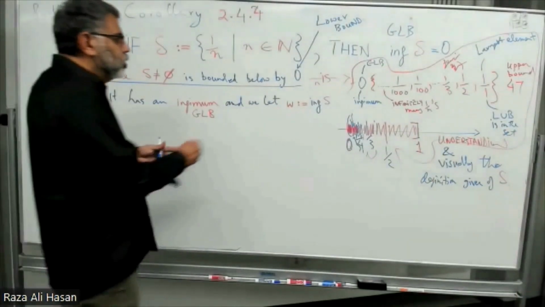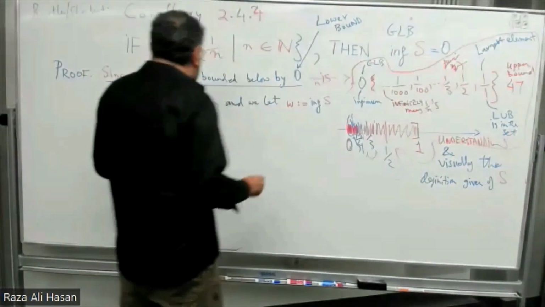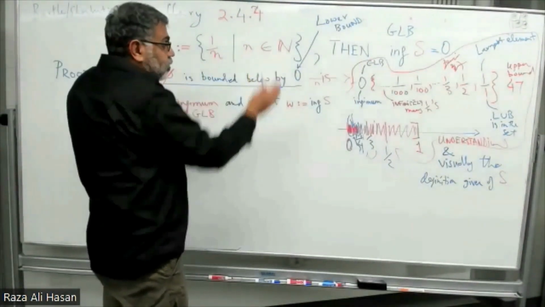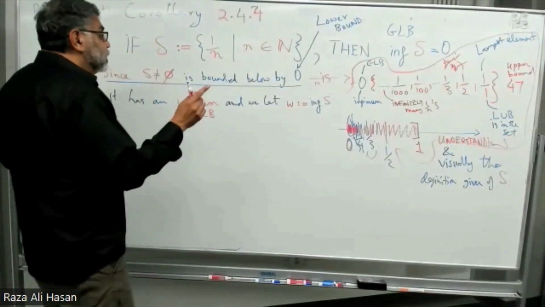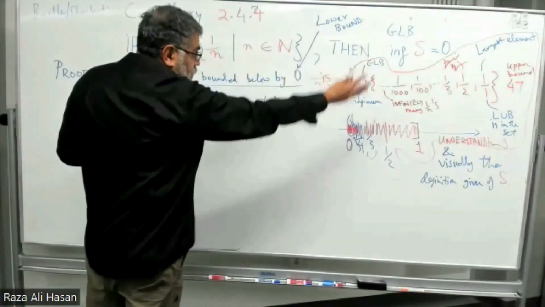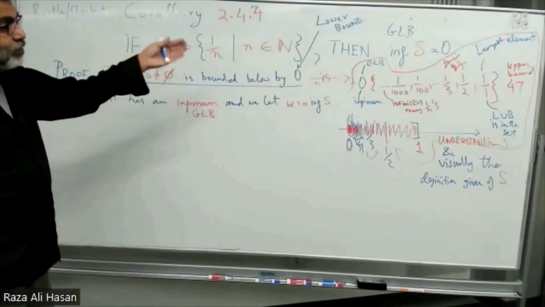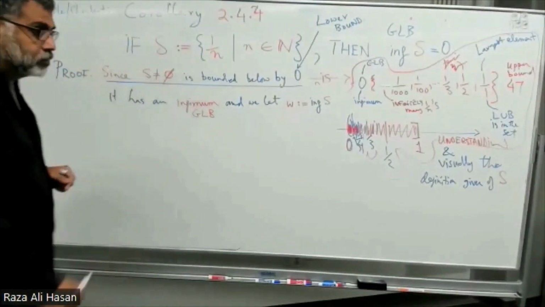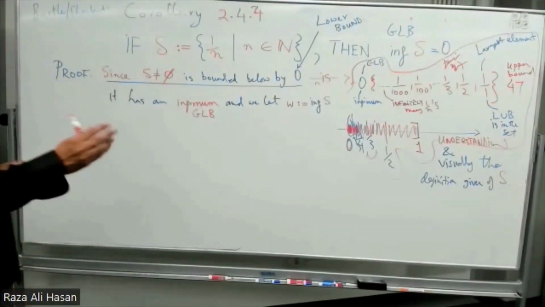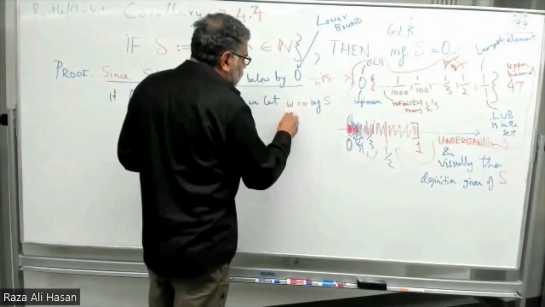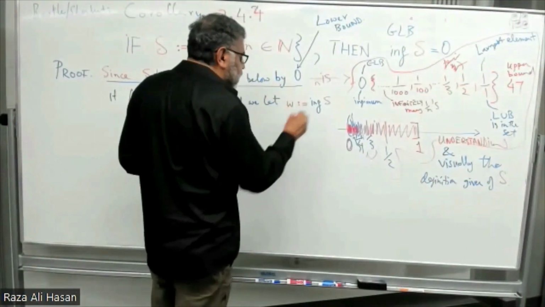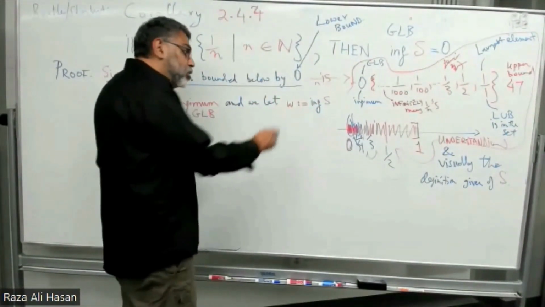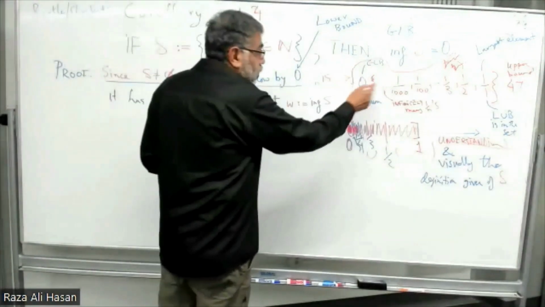From this, the only information we have is that we were able to figure out by drawing it out and reasoning with the way the elements are that there is a lower bound 0, and it is non-empty. That tells us there is an infimum, a GLB of S. Let's call it W. It could be 0, it could be something else.